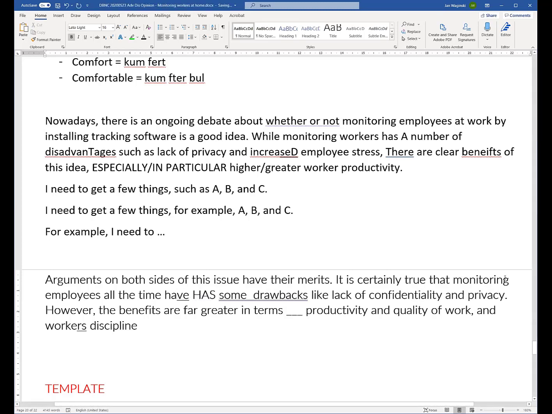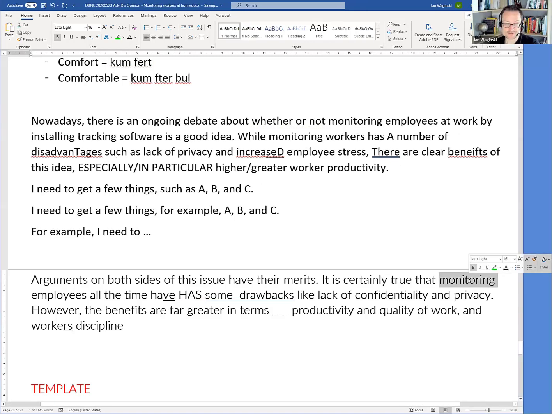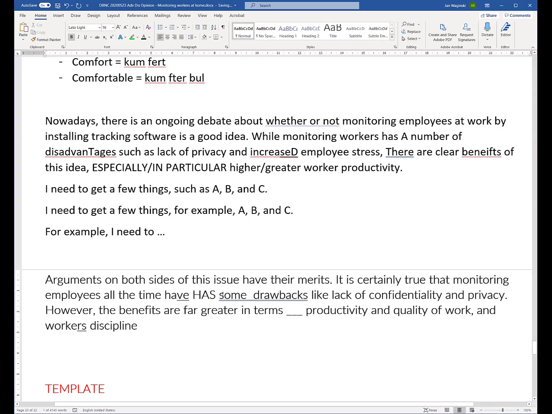Yeah, has. Right, monitoring is singular. Yeah. Has some drawbacks. However, the benefits are far greater in terms of productivity and quality of work. And workers.